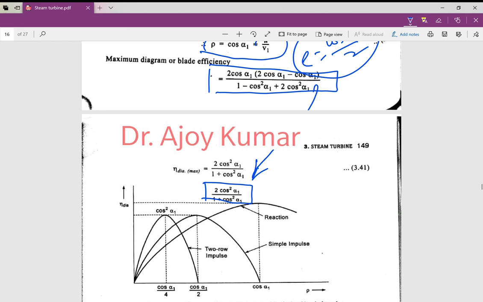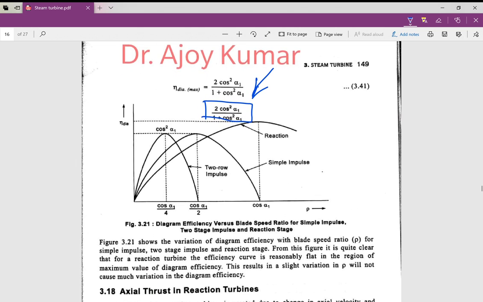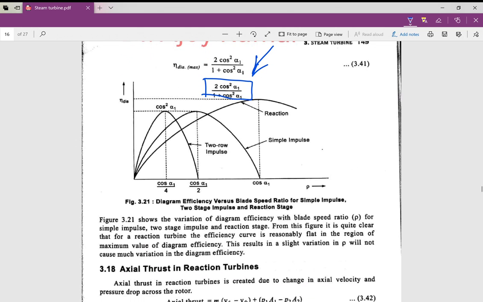Now let us summarize all three efficiencies with respect to blade speed ratio and efficiency.